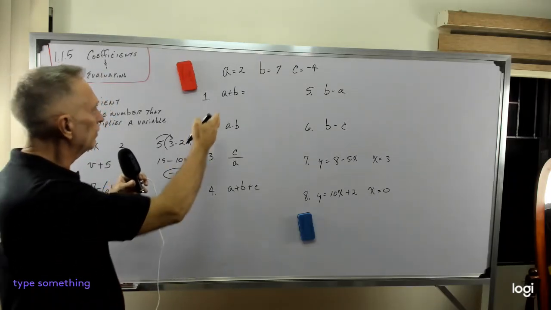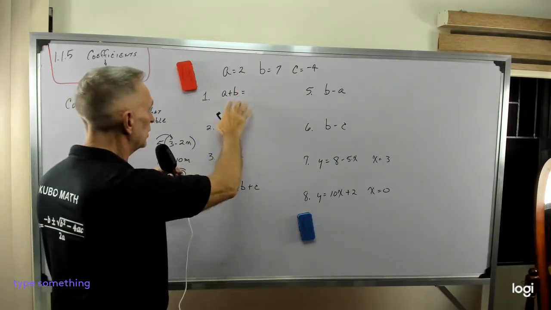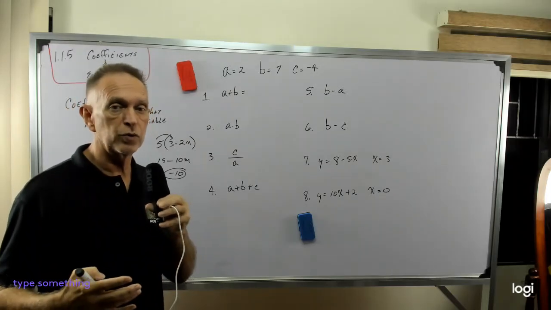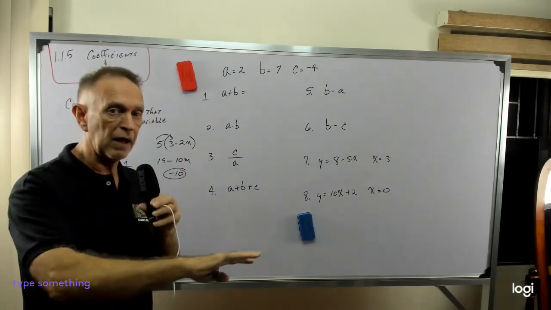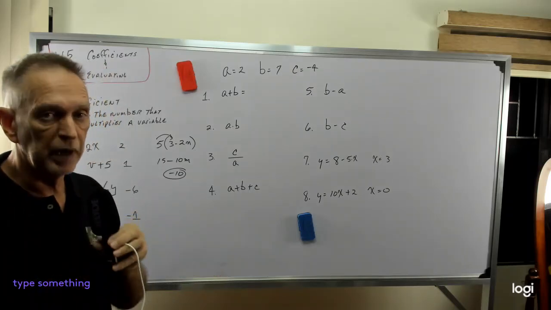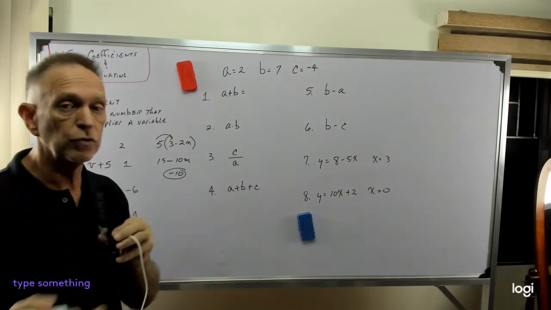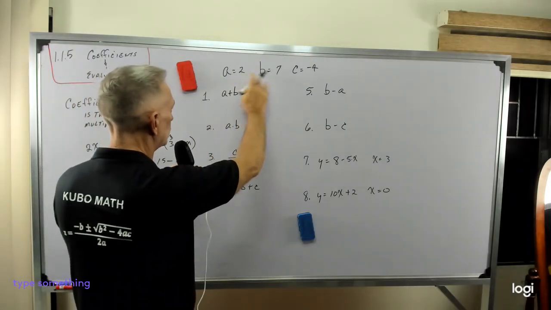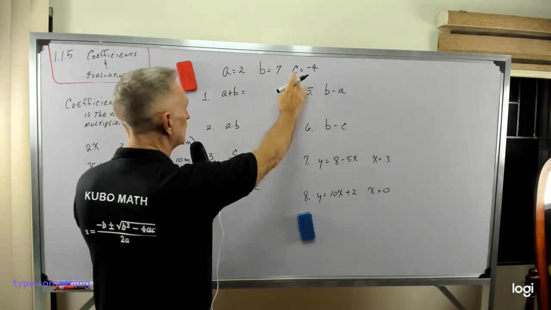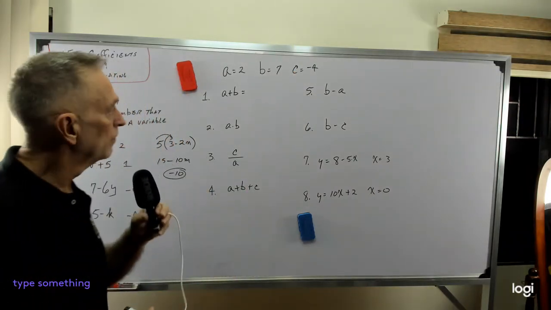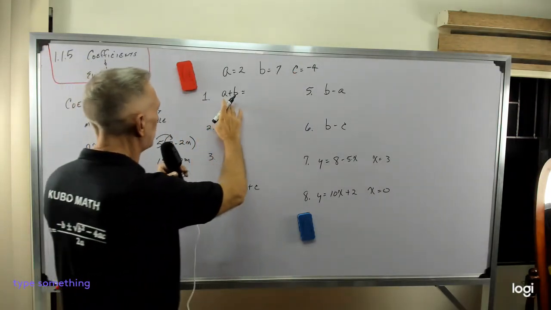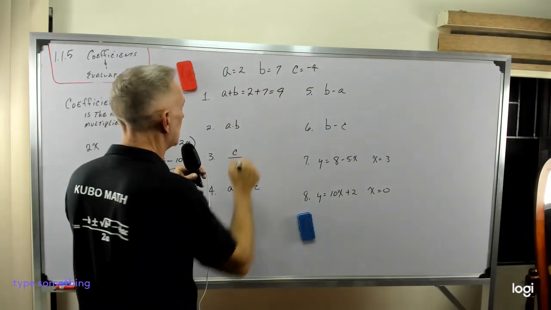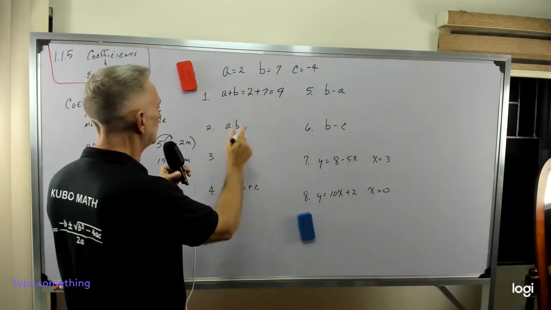So we could have equations where the variables are defined for us, and we just need to go through and quantify that from an algebraic equation into a numeric equation because all the values will be known. So a plus b, let's say a equals 2, b equals 7, c equals negative 4. In this case, a plus b, 2 plus 7, equals 9. What's a times b?